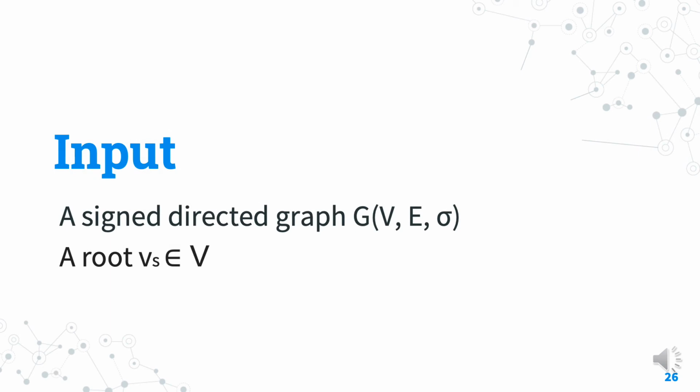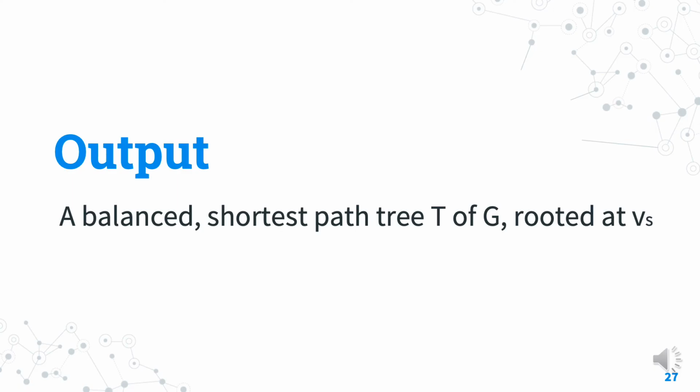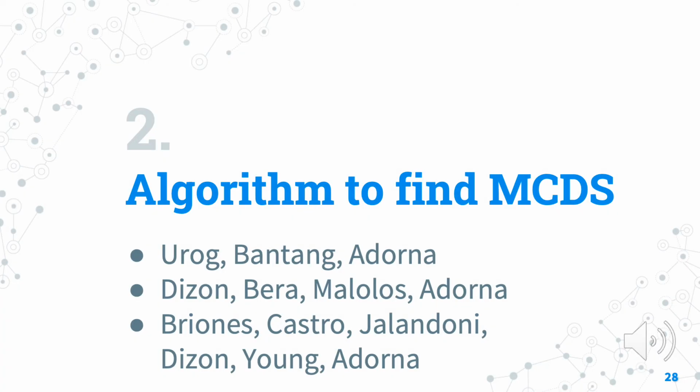The input of the balancing algorithm is a sign-directed graph and a set of root nodes from set V. And the output is a balanced shortest path tree, T of G, rooted at a set of root nodes. The next algorithm we used in our study was an algorithm to find the minimum connected dominating set of a network using topology-based heuristics.